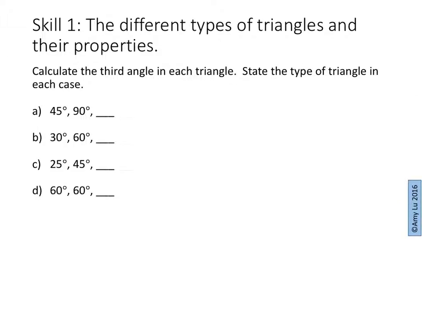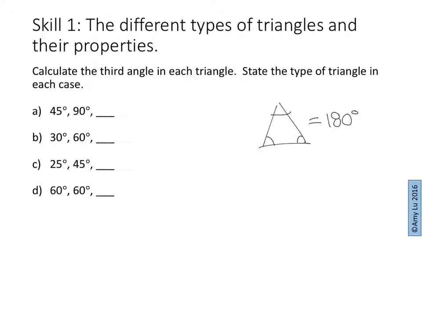So given that knowledge, you need to, in this exercise, calculate the third angle in each triangle and state the type of triangle in each case. And just as a quick reminder, it doesn't really matter what type of triangle it is, but all triangles, no matter what, every single angle is always, always, always equal to 180 degrees.